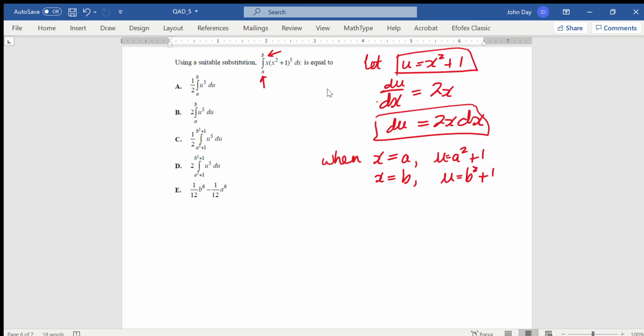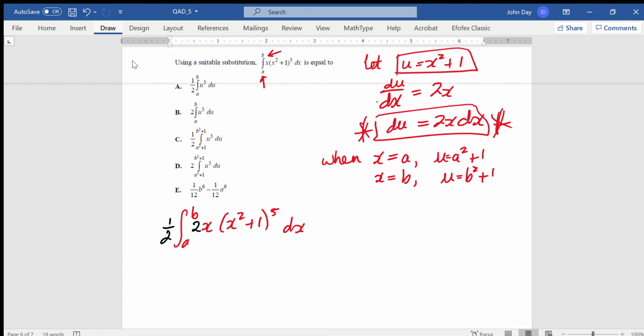So our integral from a to b of x squared plus 1 to the 5 dx. Now, if I have 2x dx, I can replace it with du. So I'm going to put a 2 in there in order to do that, but that means I've got to whack a half out front. So we're ready to do our replacements here.